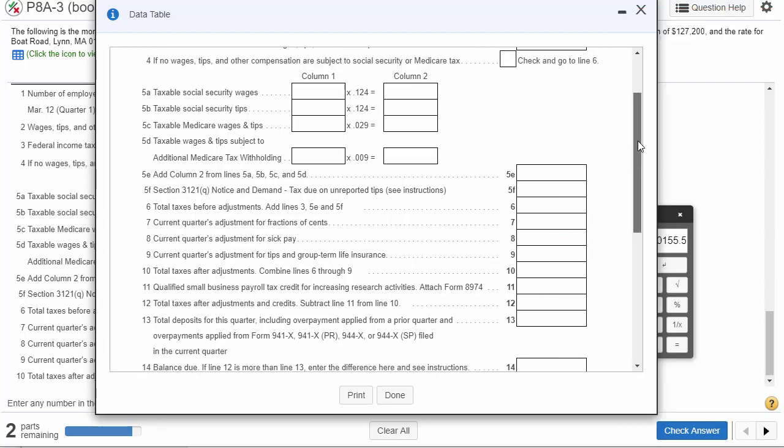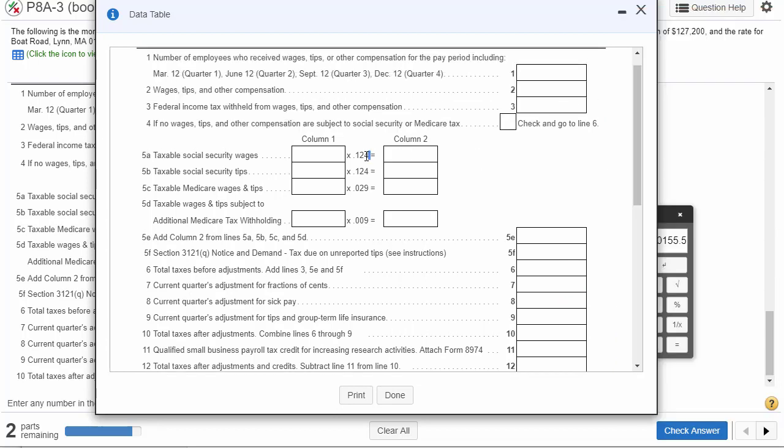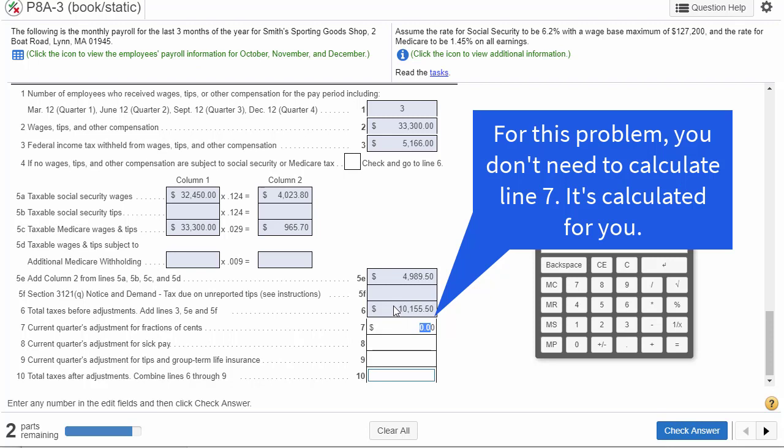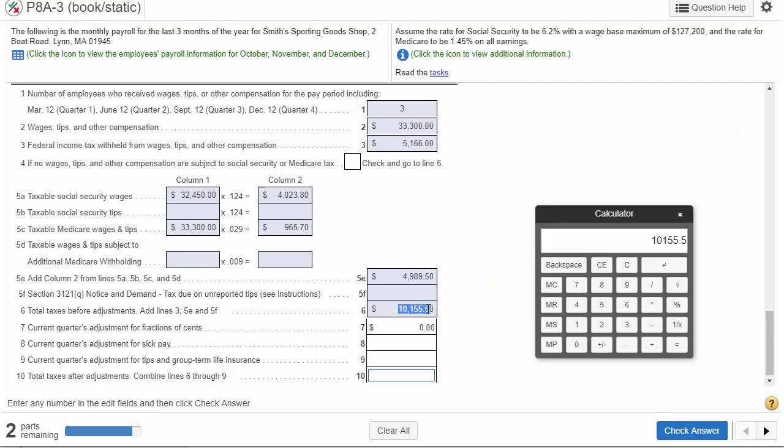However, when we did it for this form, we only rounded once. So notice here for OASDI, we calculated it and rounded once, and then down here for Medicare, we calculated and rounded once. So when you get to the payroll project, what you're going to put here in line 7, current quarter's adjustments for fractions of cents, is the difference between what you owe, line 6, and what you paid, line 13.